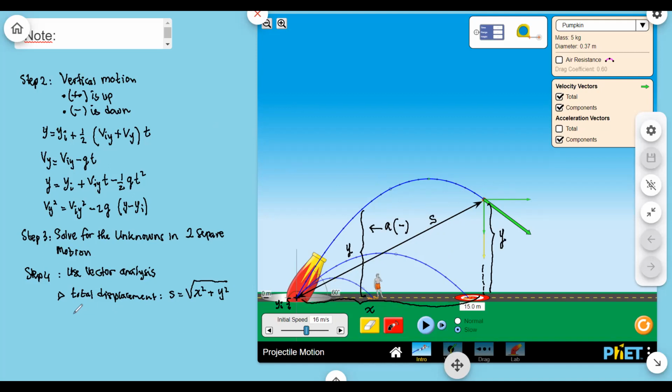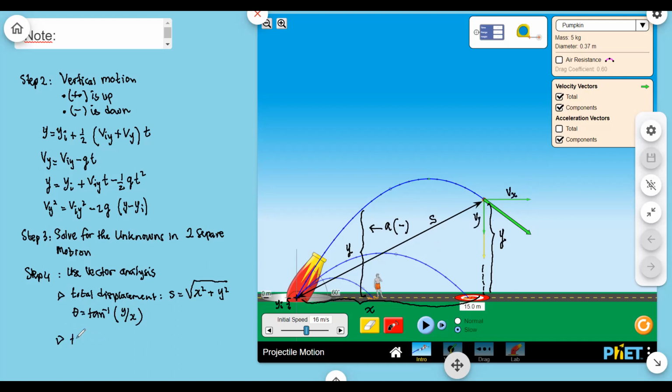Now, how to find the direction of the movement of the particle? You can use theta equals inverse tangent of y over x. Same thing like the velocity. The final velocity, for example, here is Vx and then Vy.